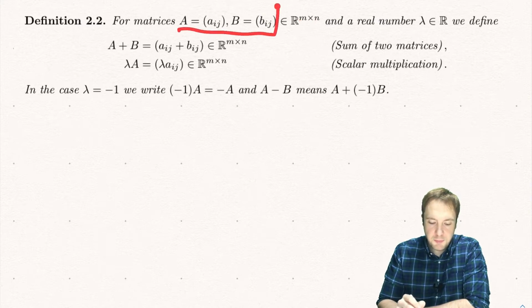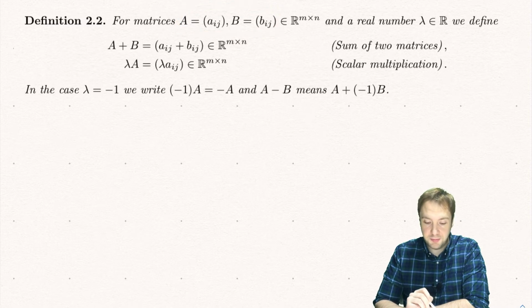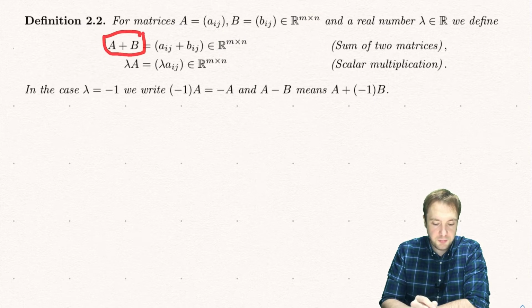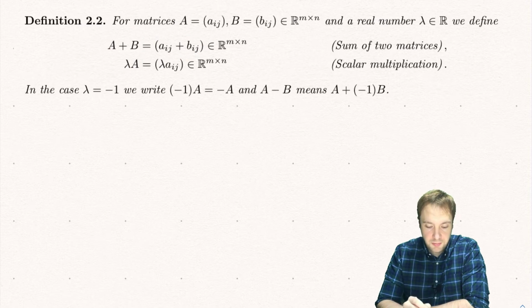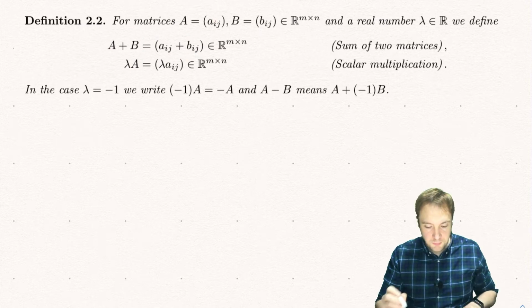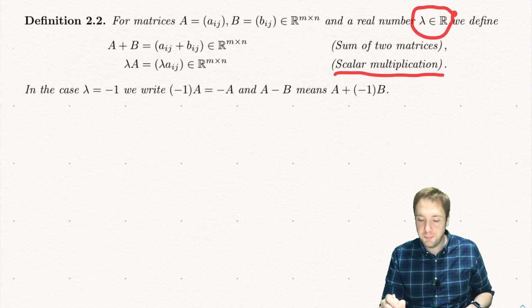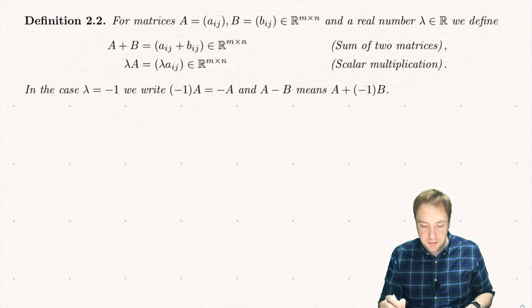And then the sum of these two matrices is just the new matrix, which also has this size m times n. And the entry of this matrix A plus B is just given by component-wise adding these entries of A and B. And then there's also a scalar multiplication. For this we take a real number lambda, which is also called a scalar.